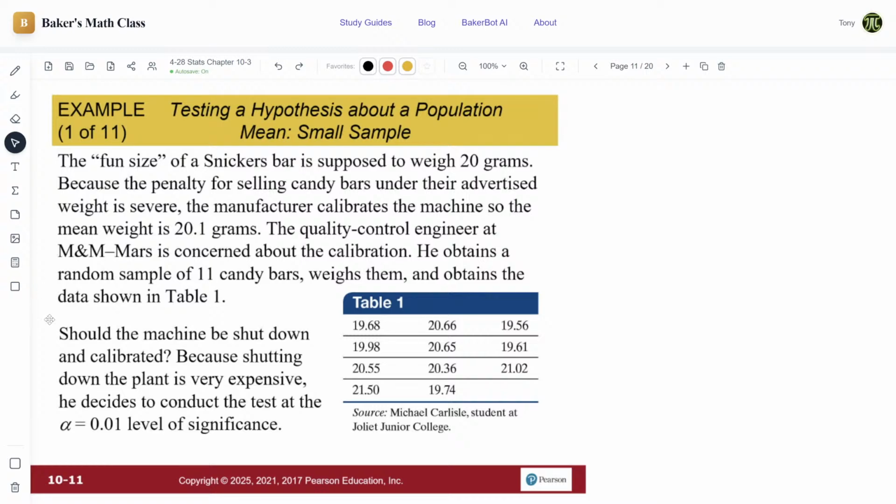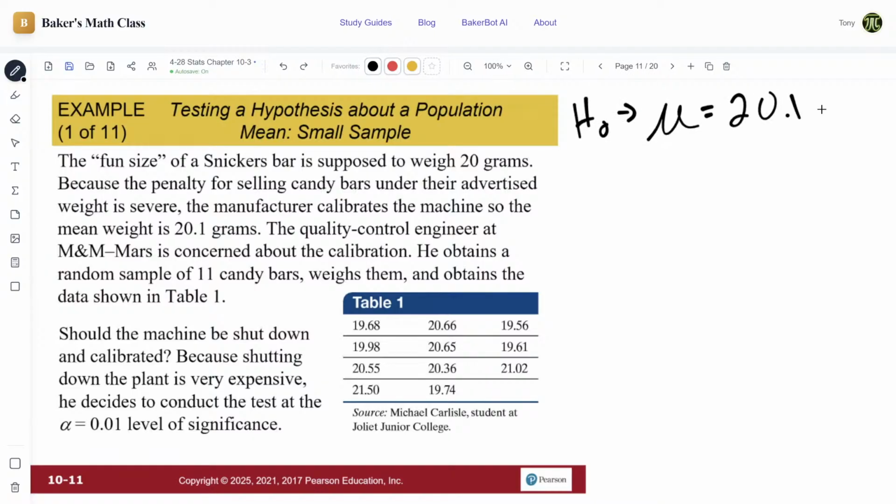So your null hypothesis and alternate hypothesis are going to be based on the 20.1. And then my alternate hypothesis is going to be what? Less than, greater than, or not equal to?